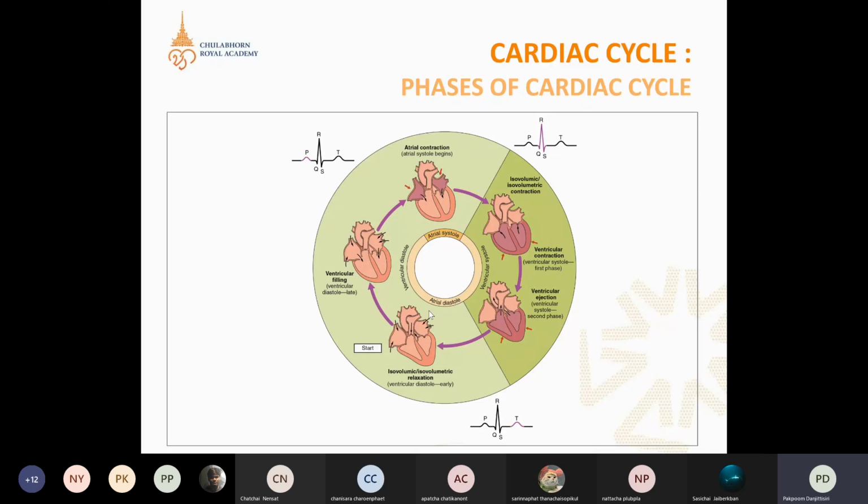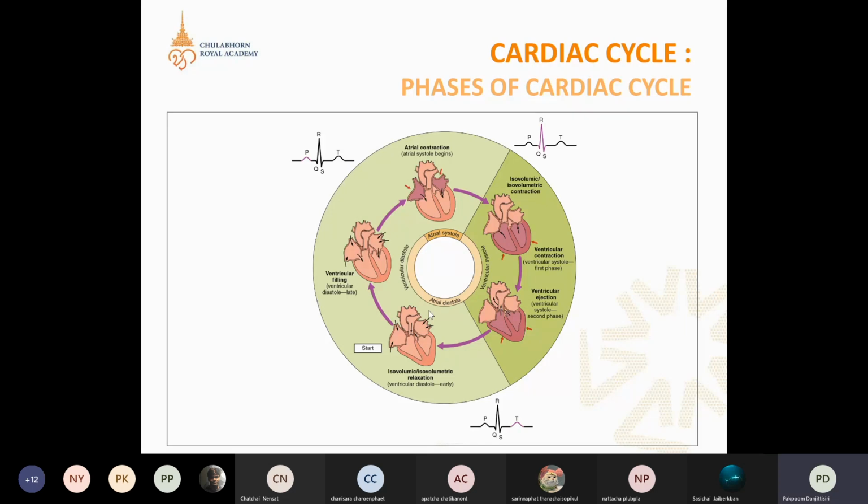The diastole. So during the ventricular filling, the tricuspid valve or mitral valve will open in order to let the blood inside the atria go down to the ventricle.